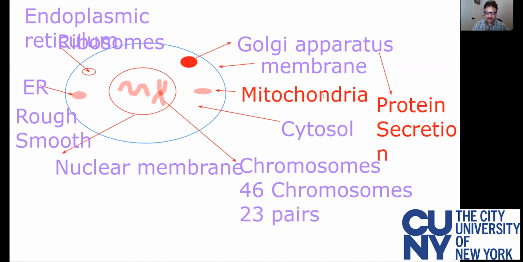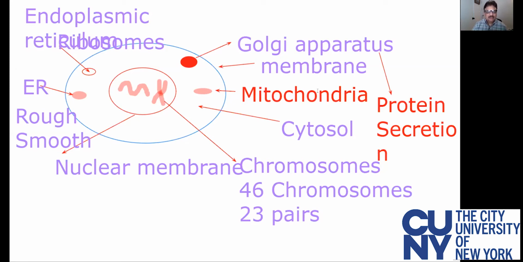Now, one thing very important I would like to mention here: there are two kinds of eukaryotes, single cell, like yeast, fungus, or algae, or multicellular, like human cells.